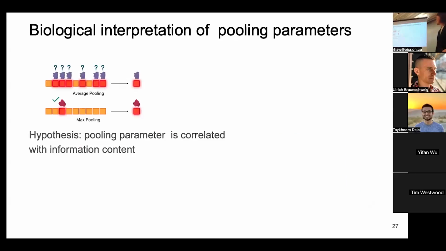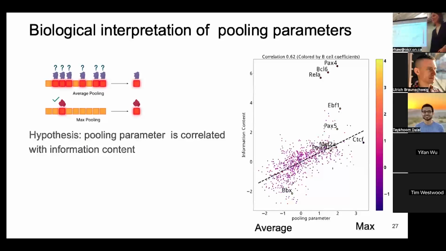So, okay, what about this pooling parameter, right? We actually had a specific hypothesis about what this should capture. And so we can correlate the pooling parameter with the information content of the final optimized kernels. And this is what this looks like.